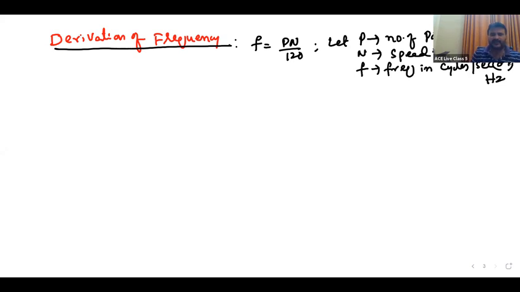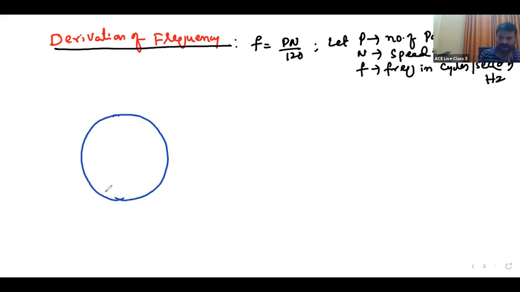First, for easy understanding, I will take only 2 poles: a north pole and a south pole. This is north and south.